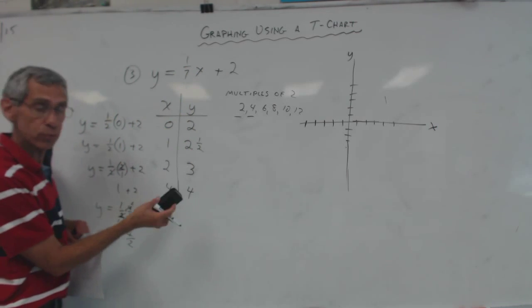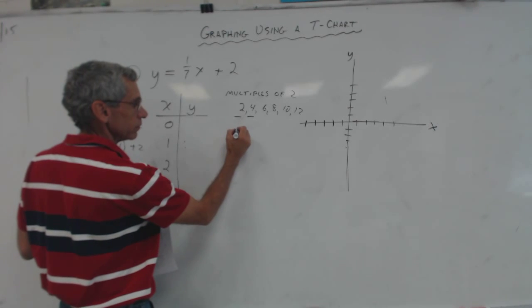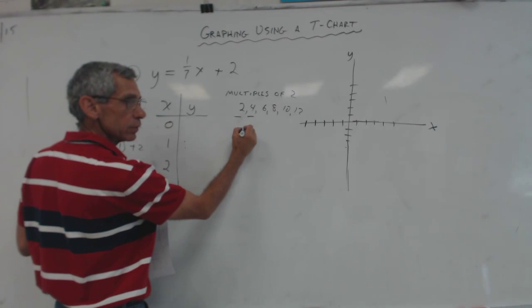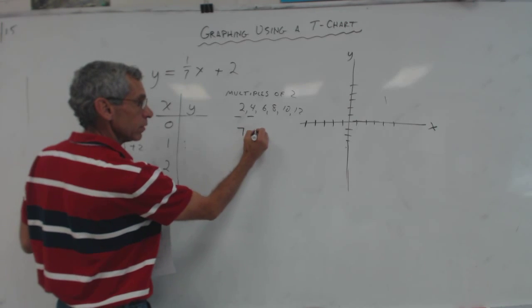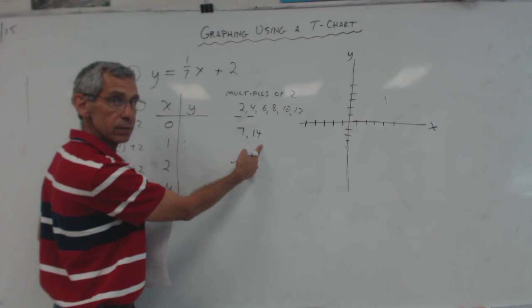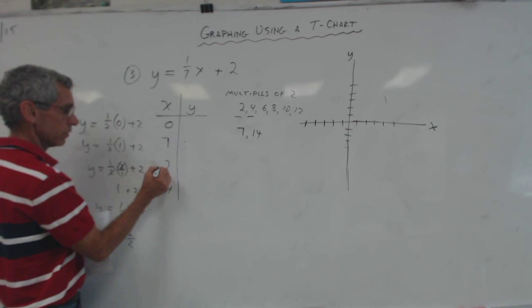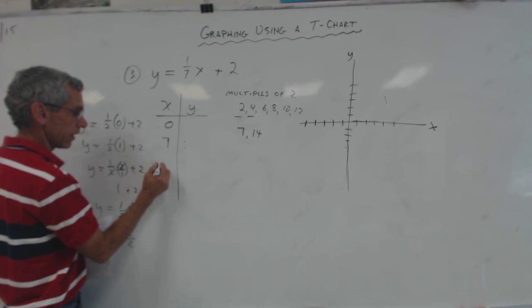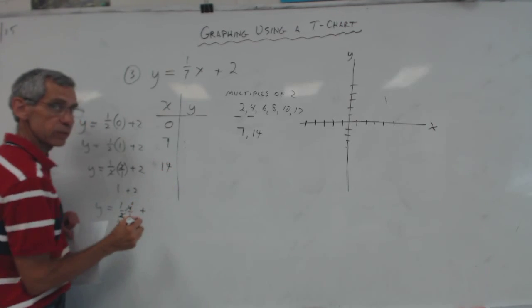I would do multiples of 7. 7 times 1 is 7. 7 times 2 is 14. I would do 0, 7, and 14. Does that make sense? That's for your last problem on your homework. That's what I would do.